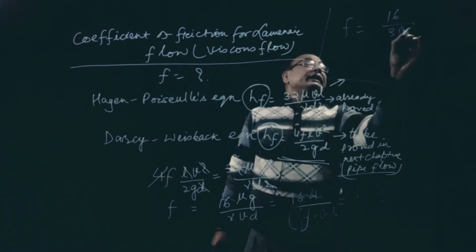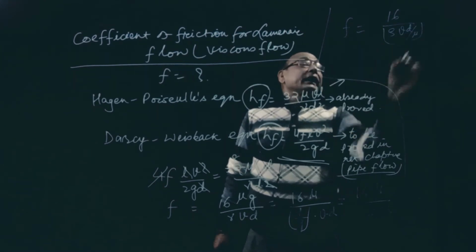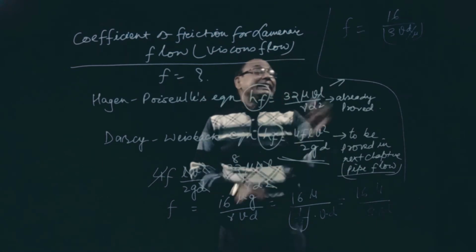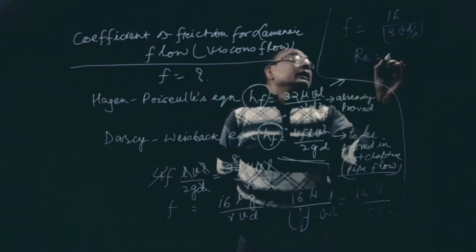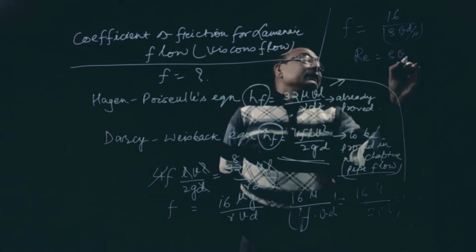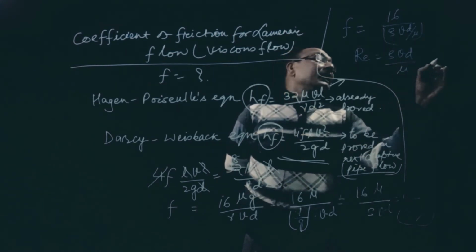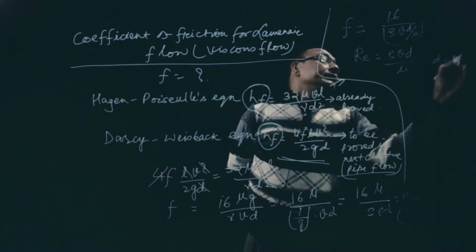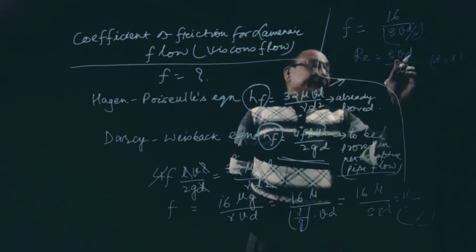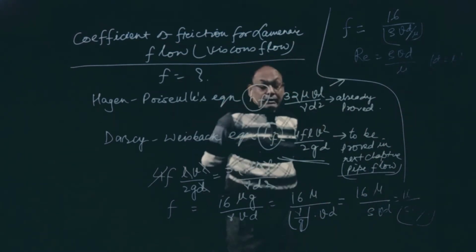After deriving this conclusion, F will be equal to 16 by rho Vd by mu. We have proved that the Reynolds number is rho V d or L, both are the same; here instead of L we are using d.